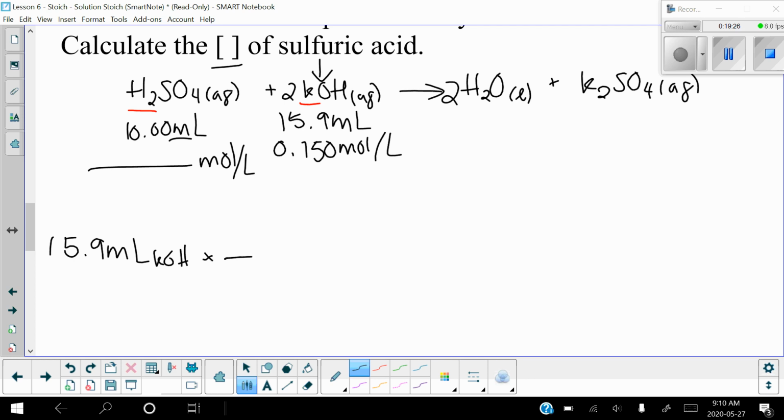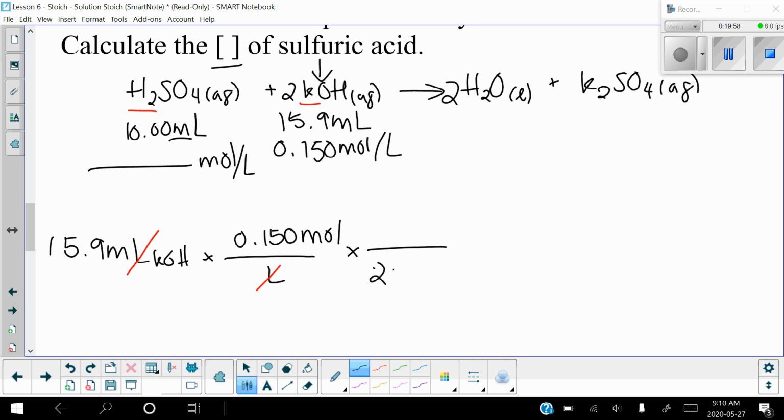I need to convert this into moles, and I'm going to use my molar concentration. So I multiply by 0.15 moles per liter. What cancels out is liters and liters, and I'm left with millimoles of potassium hydroxide. Now that's okay because the base unit is moles. So we can go ahead and convert into our unknown moles by using our mole ratio.